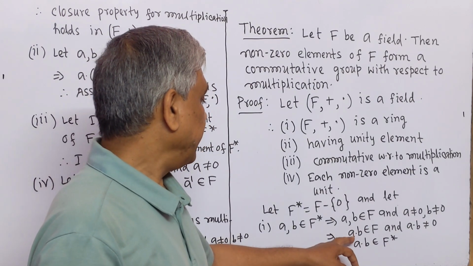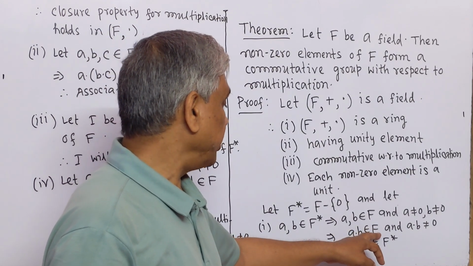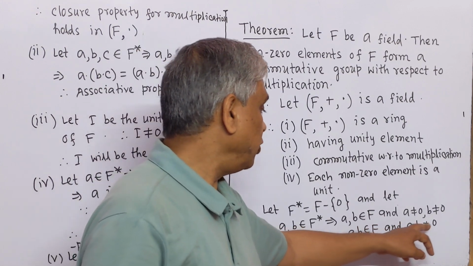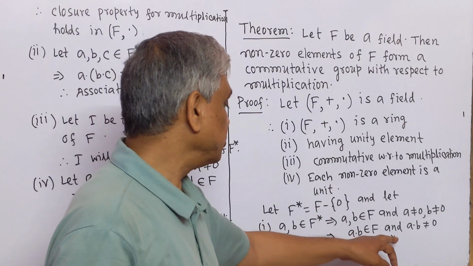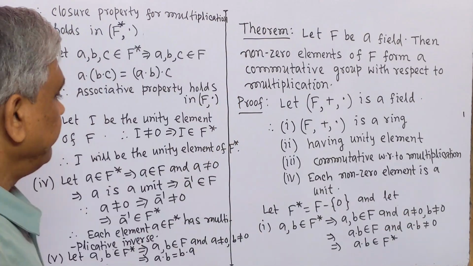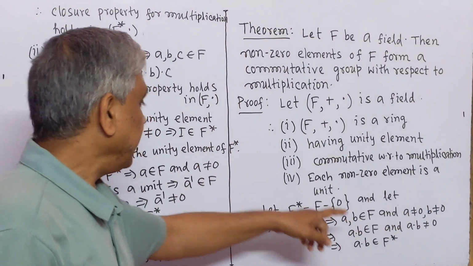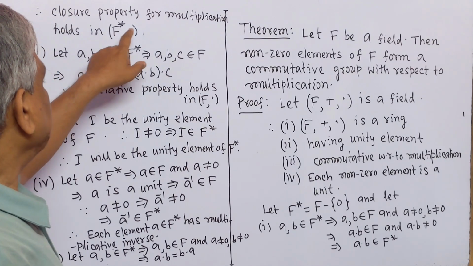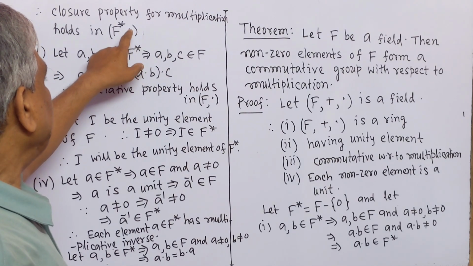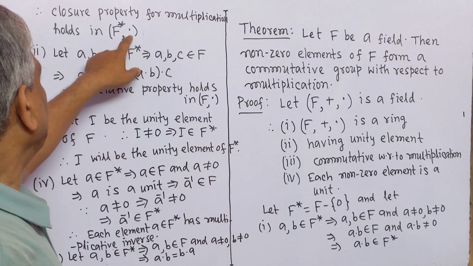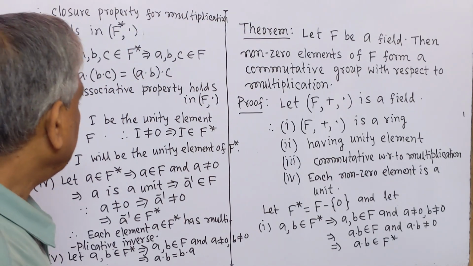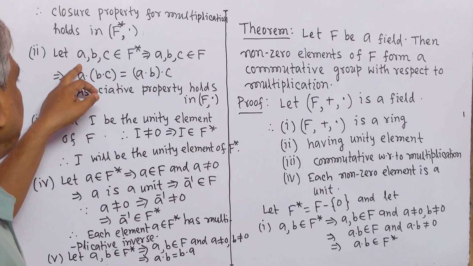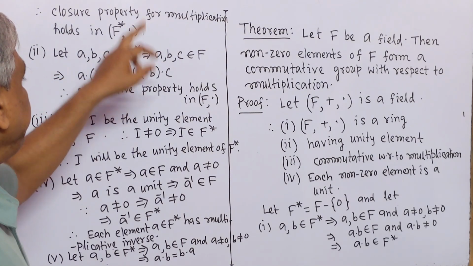Here a multiply b belongs to F and ab not equal to 0, that means a multiply b belongs to F star. Therefore, F star with binary composition multiplication holds the closure property. Number 2, let a, b, c belong to F star.